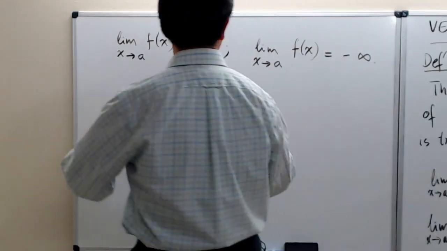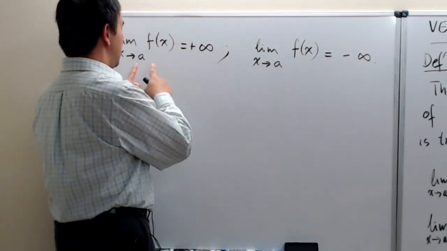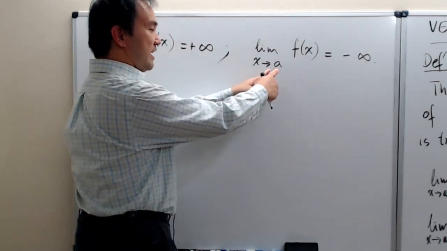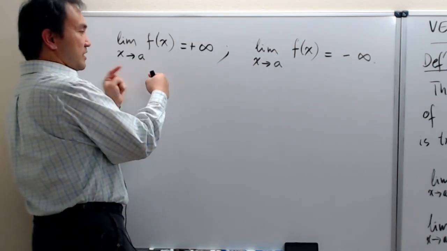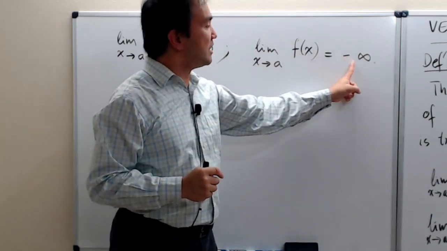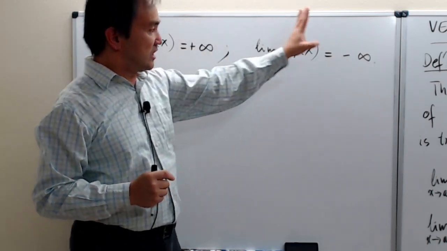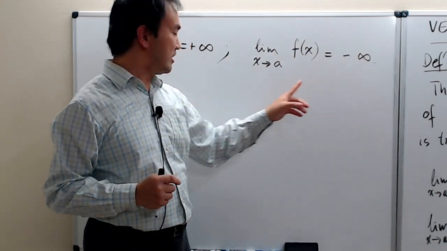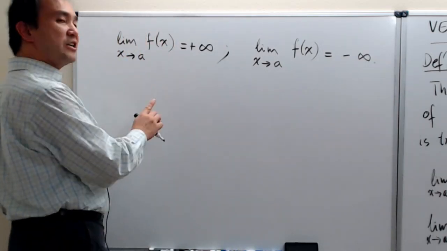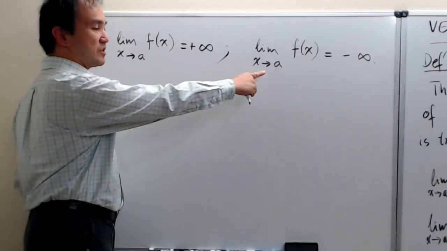The other two cases are when x gets close to a from both sides, and the limit turns out to be either positive or negative infinity. These are all the cases where you can say your function has a vertical asymptote at x equals a.